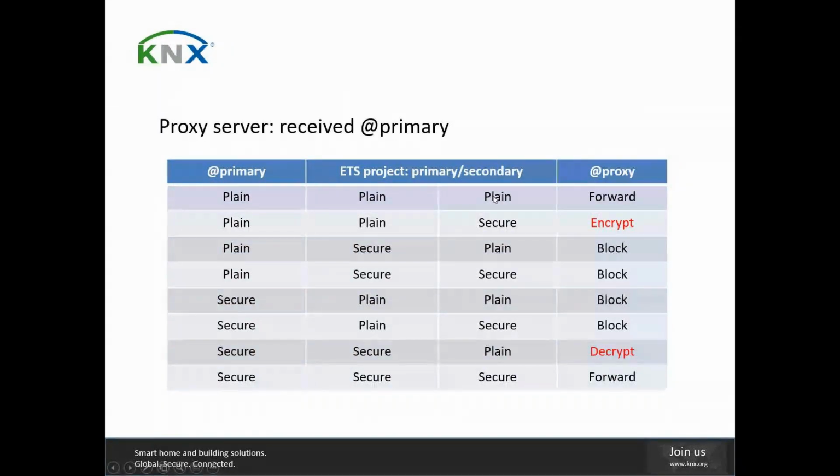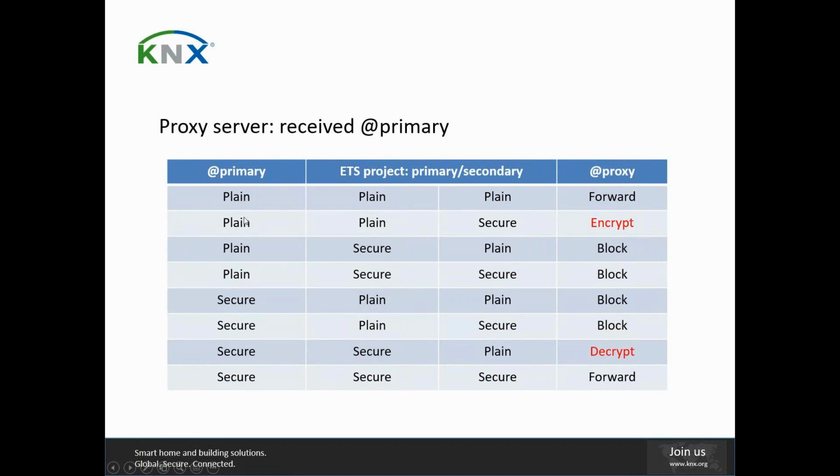Then the proxy server knows what to do. In such a case, it has to forward this telegram. So forward means it was plain. Just keep it plain. Just forward it to the secondary site.